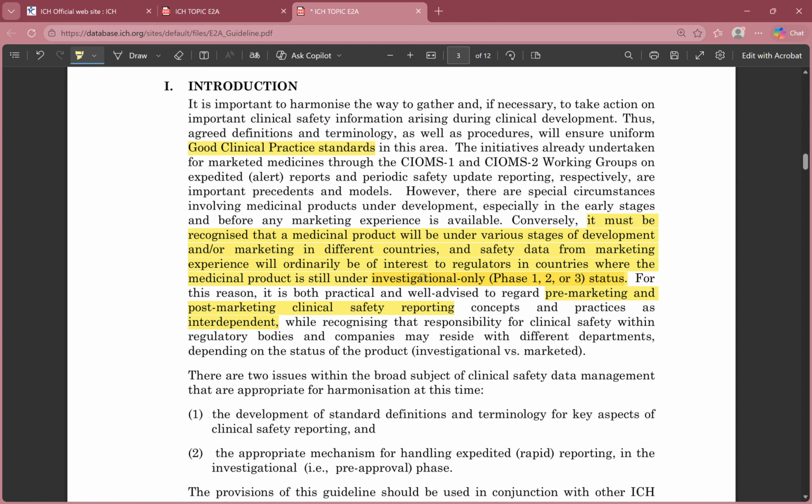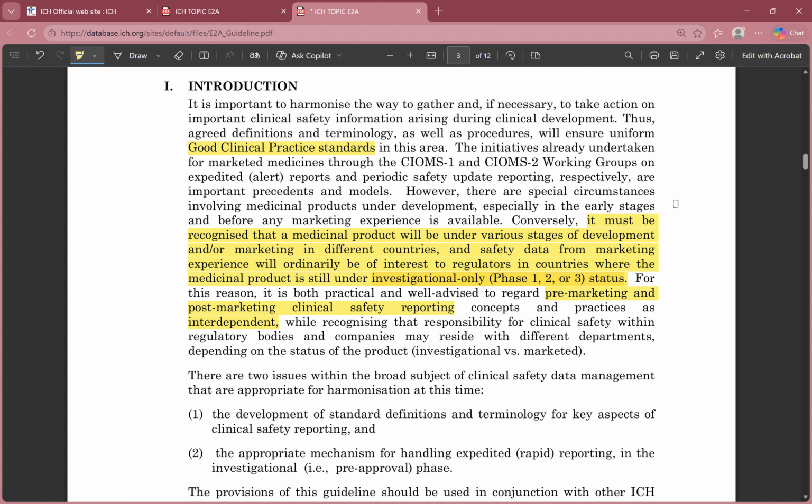About the introduction, we have clinical trials, and it is very important that the safety information about the drug is collected and reported in the same way everywhere, right? This is the reason there are good clinical practice standards to ensure that there are the same definitions, terms, and procedures, so that the safety data is consistent and reliable.